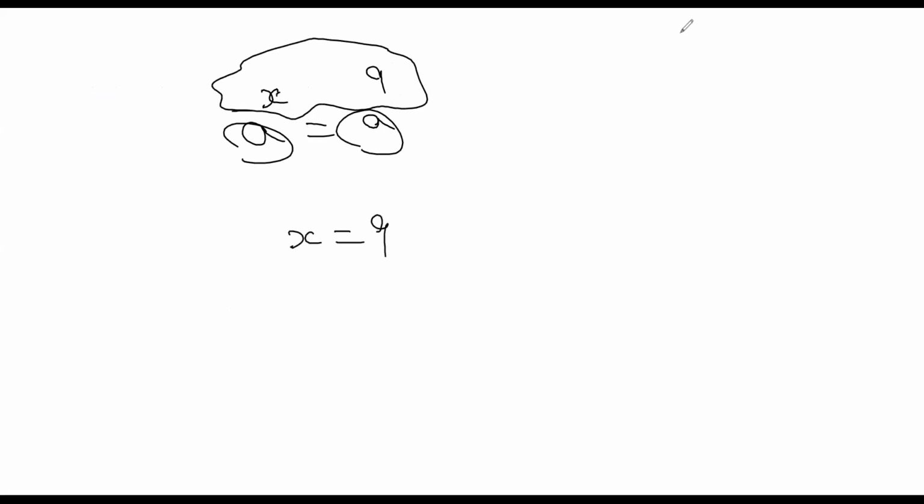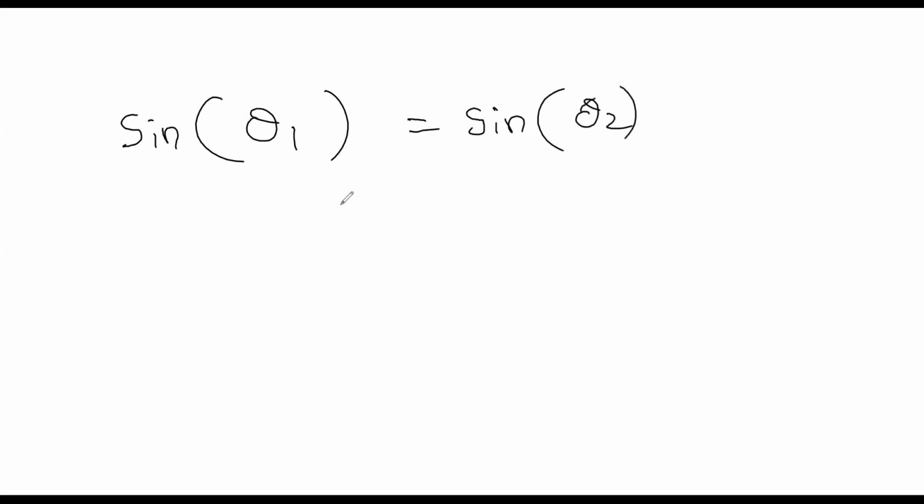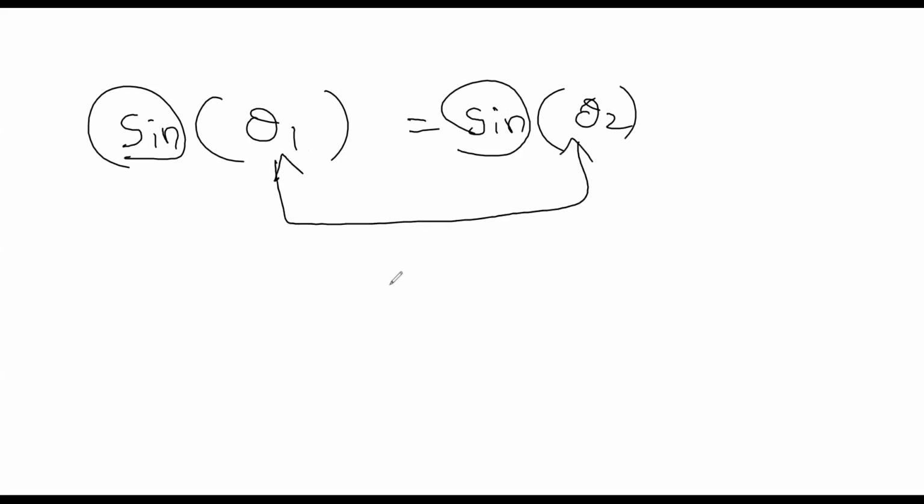In the same way here also, if sine of theta 1 is equal to sine of theta 2, when the trigonometric ratios are the same, then we can equate the angles, meaning theta 1 equals theta 2.